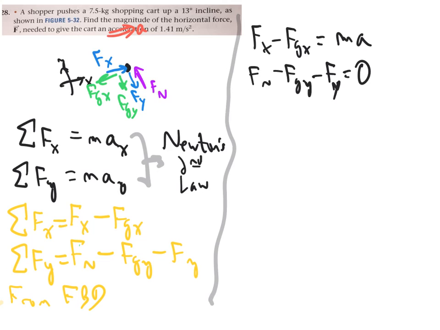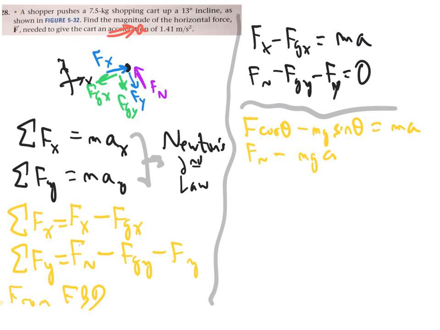And we can do one better than that, because we have these things for Fx and so on. So we can say that we have F cosine theta minus mg sine theta equals ma, and we have Fn minus mg cosine theta minus F sine theta is 0.